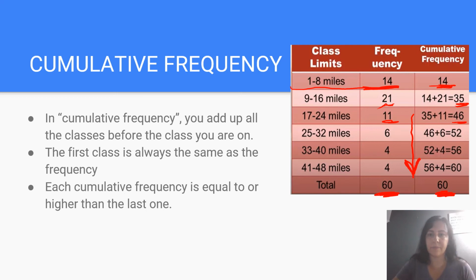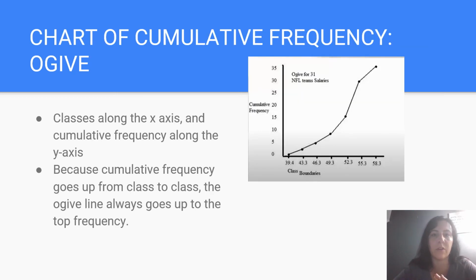Okay, so the chart of the cumulative frequency. First of all, you're probably not going to see much of this in healthcare, almost ever. I think they use this mostly in economics. But anyway, how do you chart your cumulative frequency?